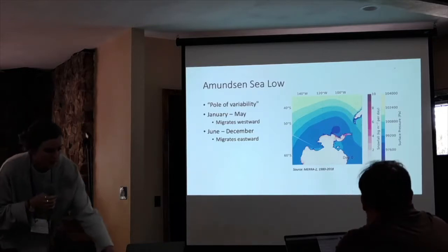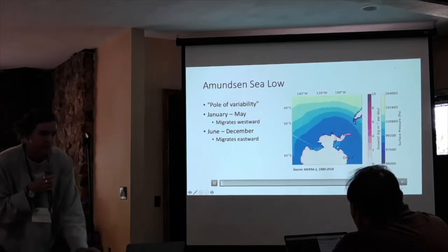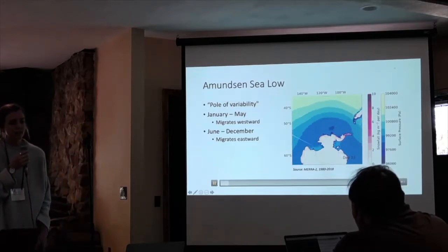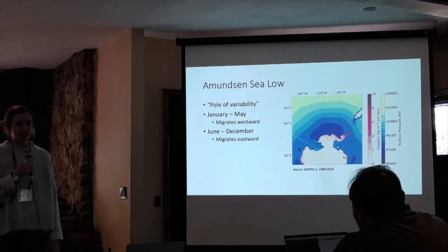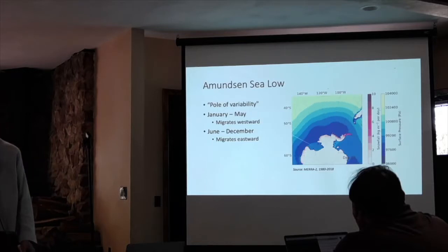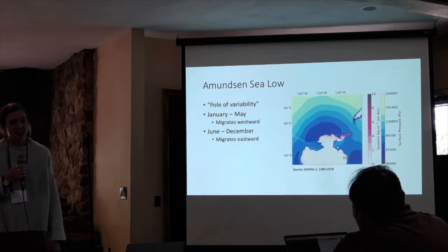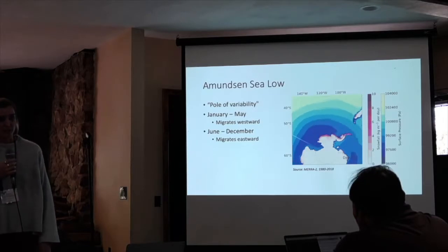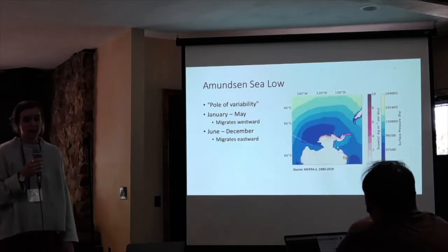So the main atmospheric component of circulation near Thwaites is the Amundsen Sea low, which is the system of low pressure systems just north of the Amundsen Sea embayment. Now this is also known as the polar variability because in the mean, if we look at the climatology of surface pressure, the Amundsen Sea low migrates zonally over the course of 1 year.